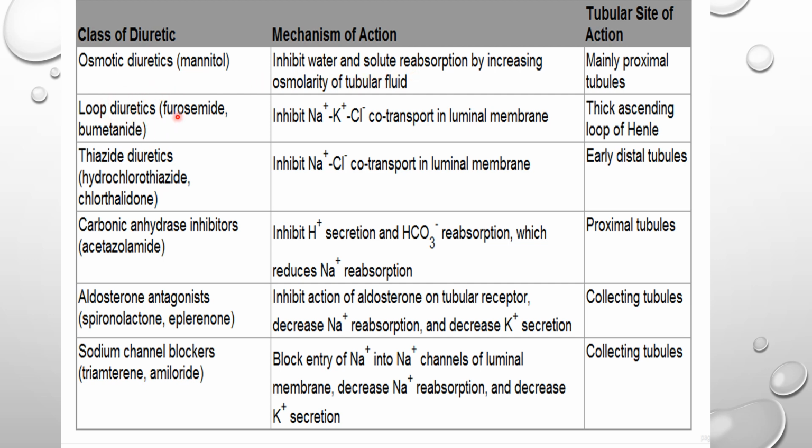Loop diuretics act on the ascending thick limb. They inhibit the sodium potassium chloride cotransport. Thiazide diuretics act on the early distal tubules on the sodium chloride cotransporter. They inhibit it.